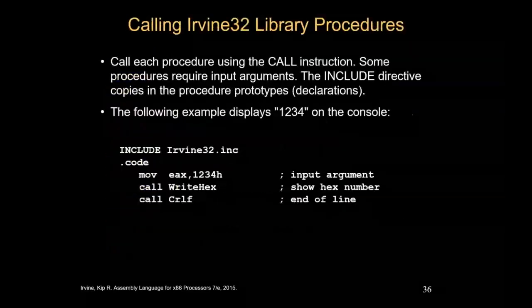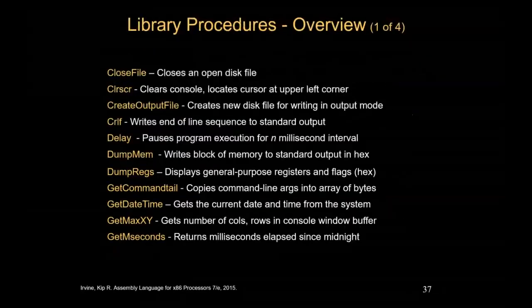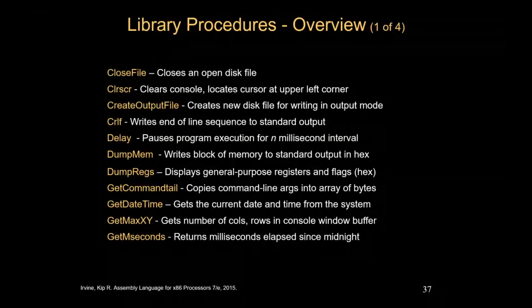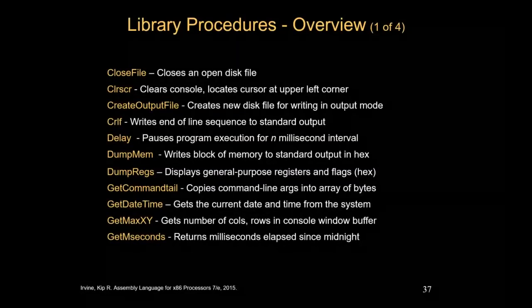Going back to it, the CloseFile procedure in Irvine32 closes a file that was previously created or opened. The file is identified by an Irvine32 handle, which is passed in one of the registers. If the file is closed successfully, the value in the register, either EAX or EBX, will be non-zero.